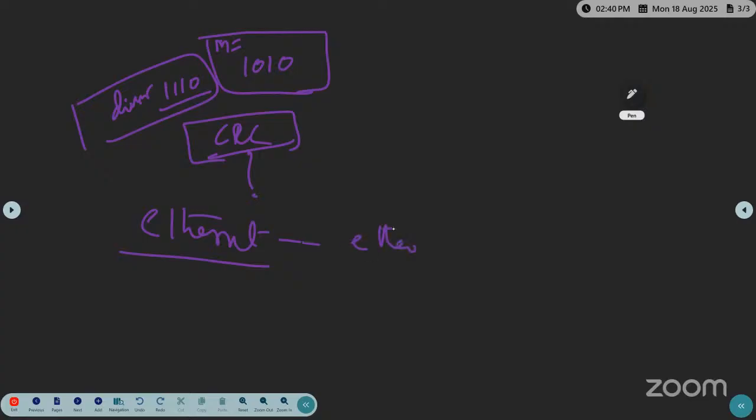Ether. Ether means what? Wide. Ethernet is nothing but ether converted, we get wide. So why do we discuss this Ethernet? Because we have different categories.